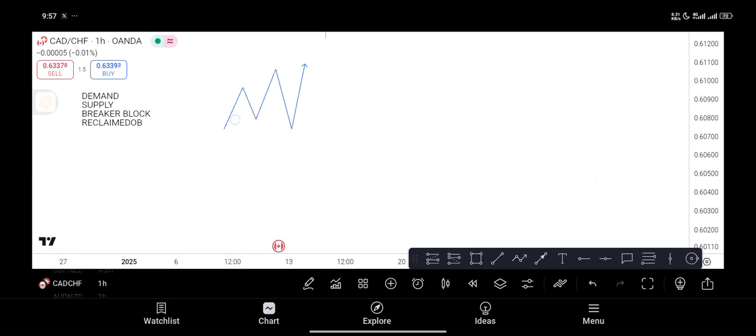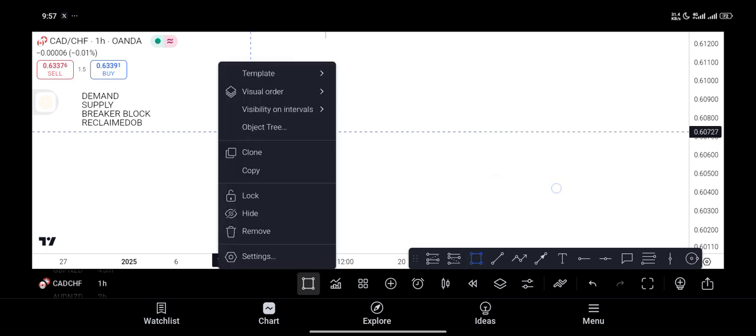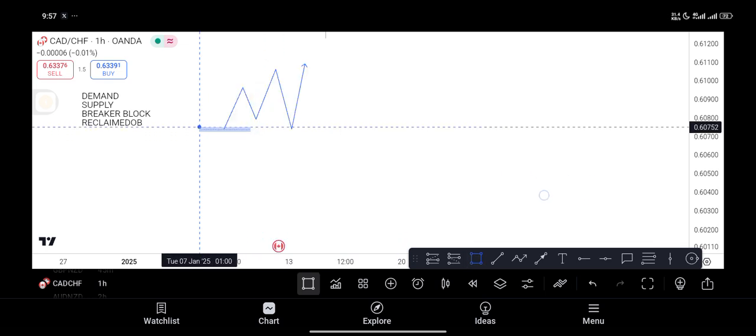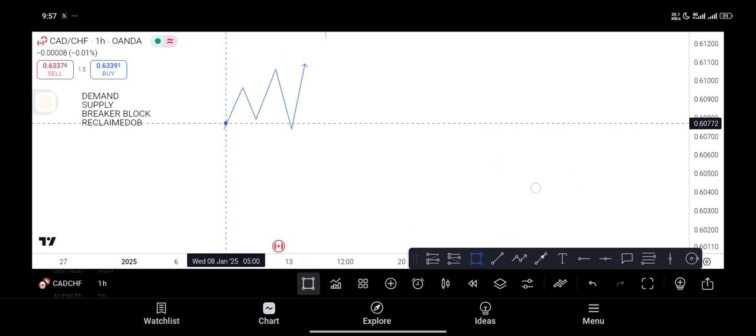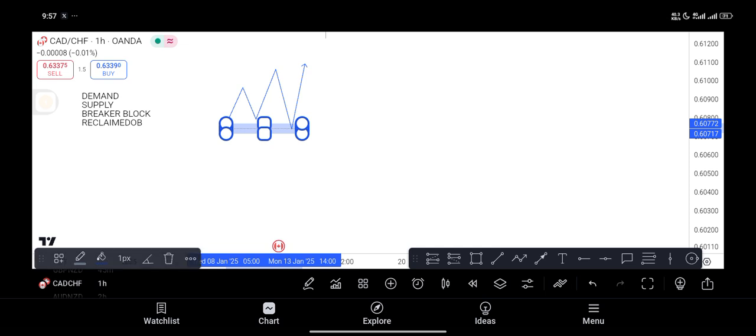Whenever you're looking to buy the market, you are looking for the market to give you this structure, to form this structure.